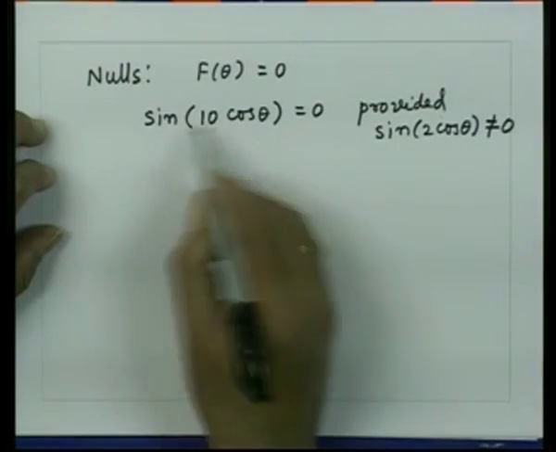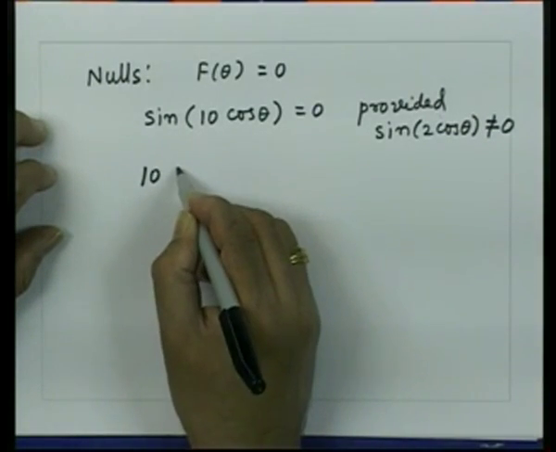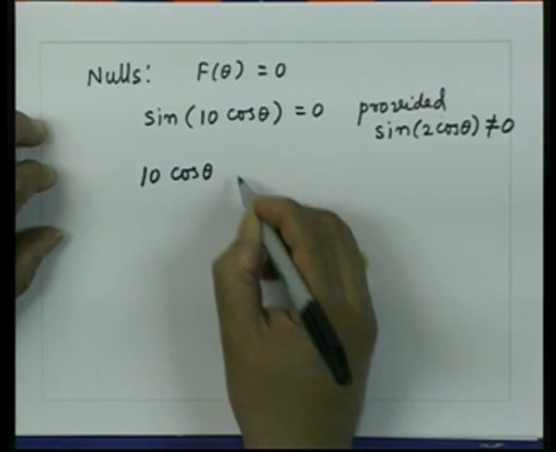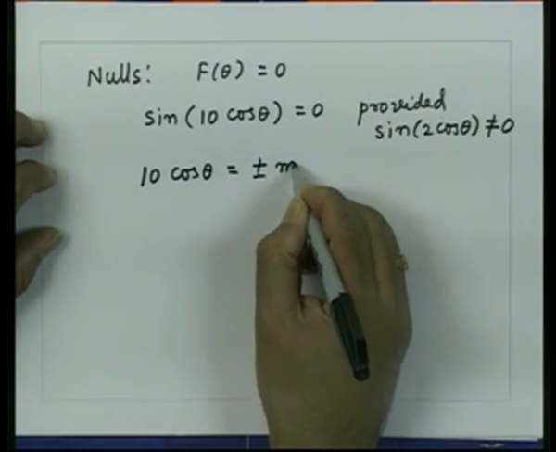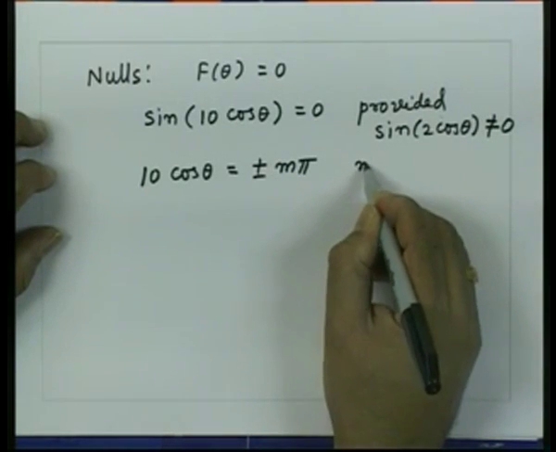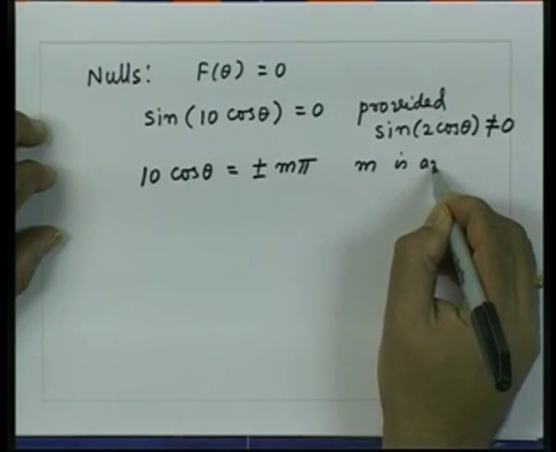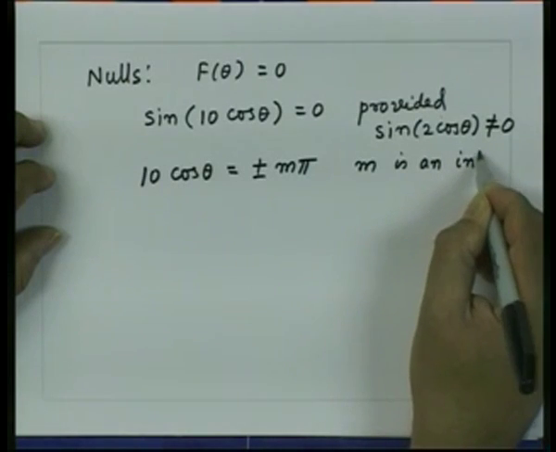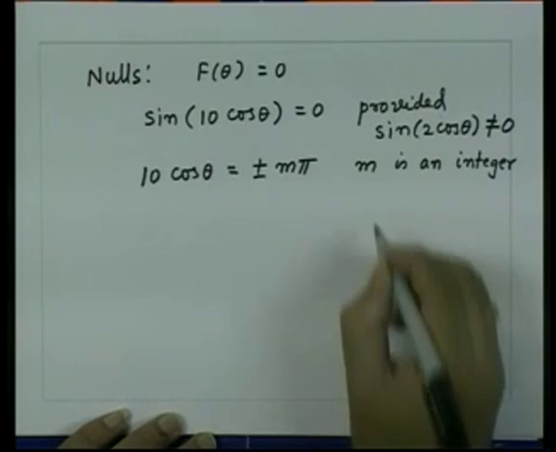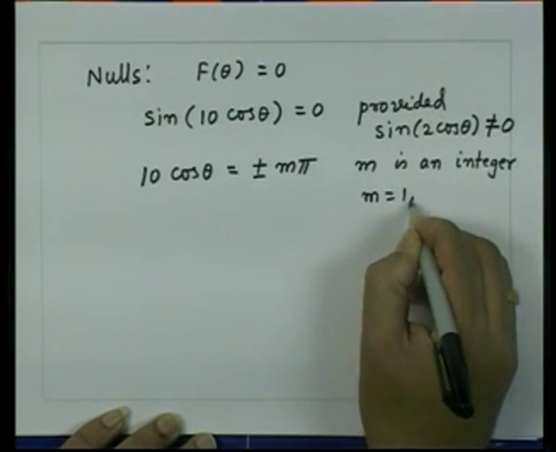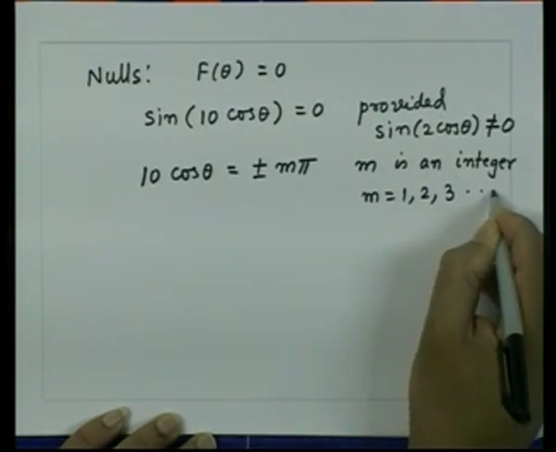So, from here essentially we get 5 cos theta, that will be equal to plus minus m pi, where m is an integer. So, m is equal to 1, 2, 3 and so on.